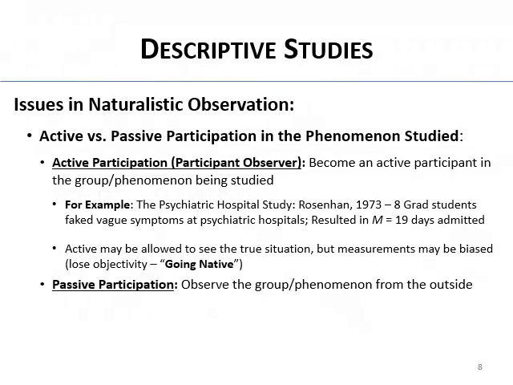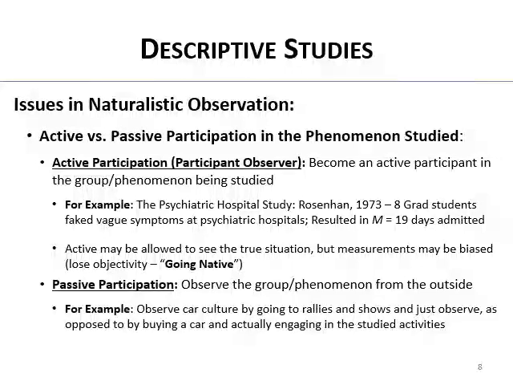So the other type of participation is to not participate. It's called passive participation. And that's where you're still observing the phenomena, but you're doing it from the outside. You're not actively participating. So if you wanted to look at car culture, for example, you could go to rallies and shows and just observe what you see at car rallies and shows, as opposed to active participation would be buying a car and getting it all souped up and maybe even participating in the activities that go on.